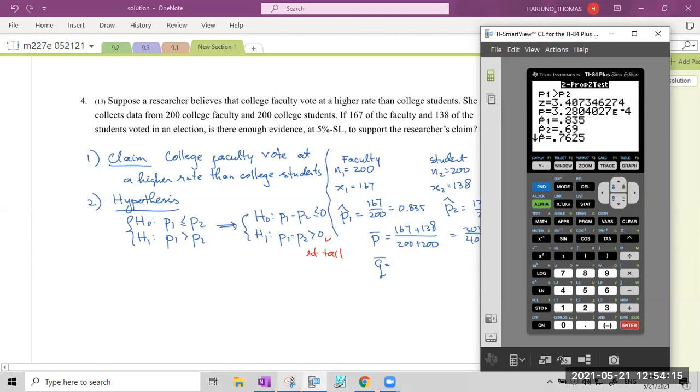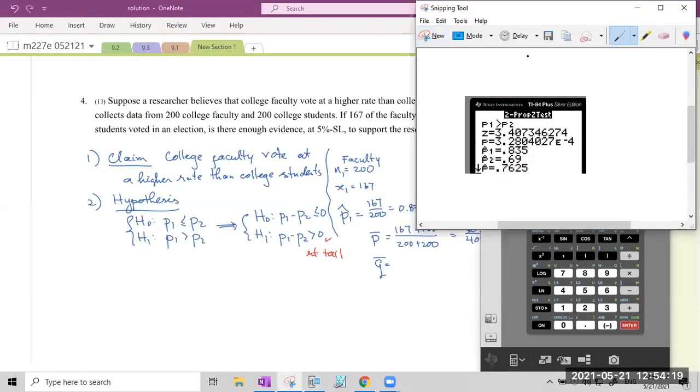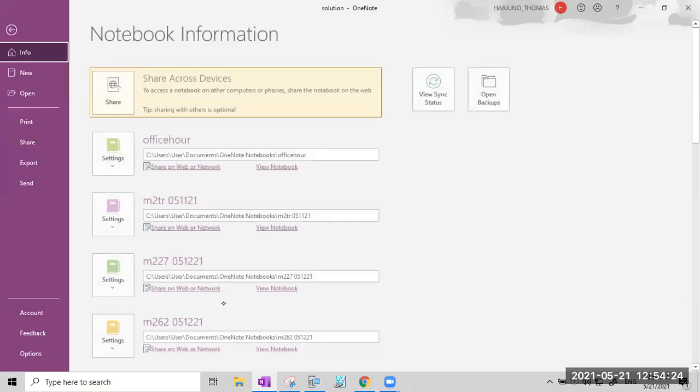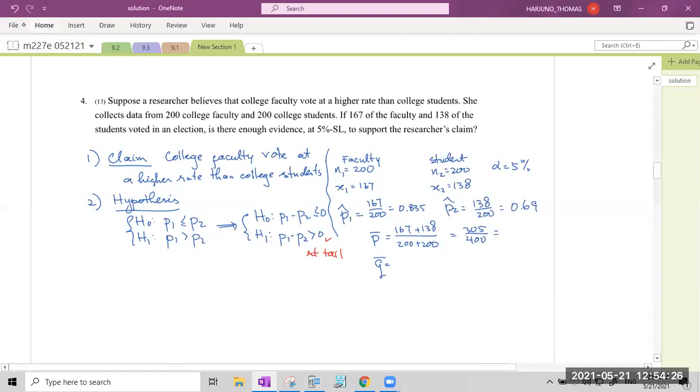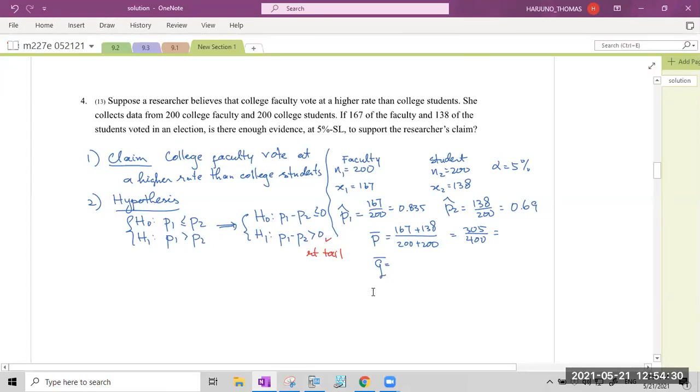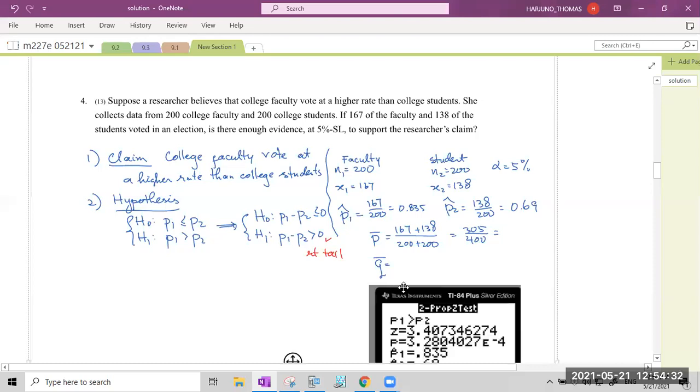Calculate. Let me use my screenshot. Put it somewhere here, to help me copy that down, right?